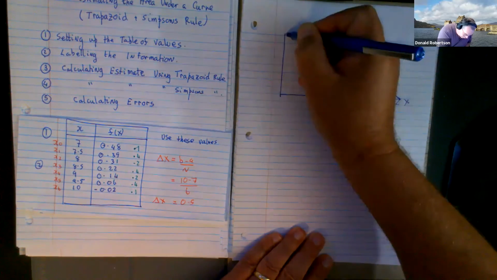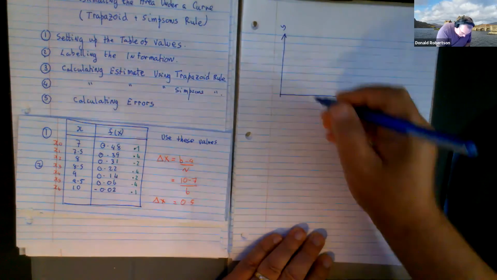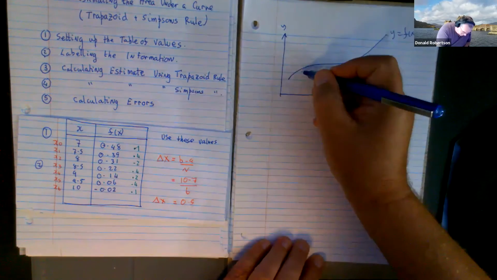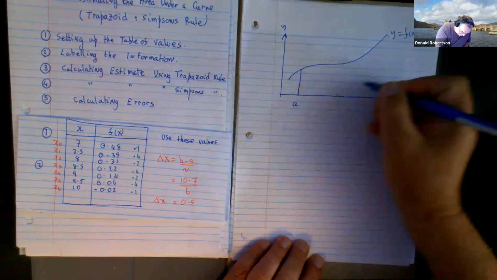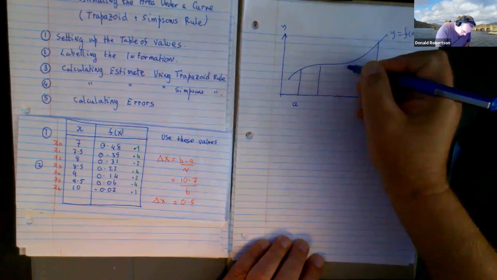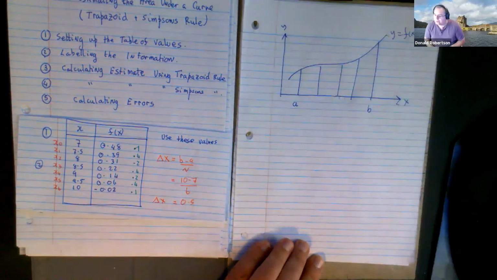But before we do that, let's step back a little bit and tell you what the trapezoid rule is doing. So imagine you've got your typical function, just any old function. It starts at A, it finishes over here at B. And let's just say for argument's sake that it was 4 strips.